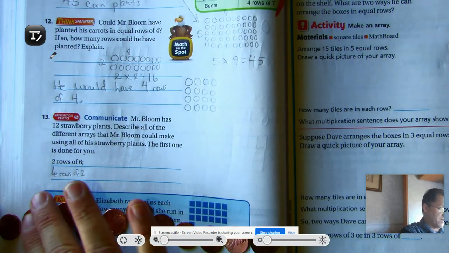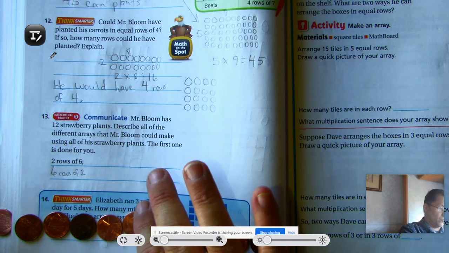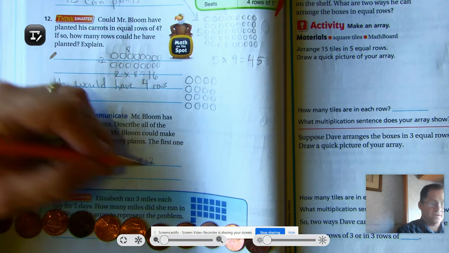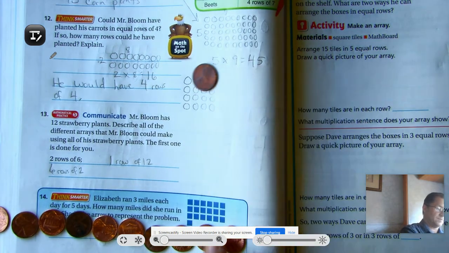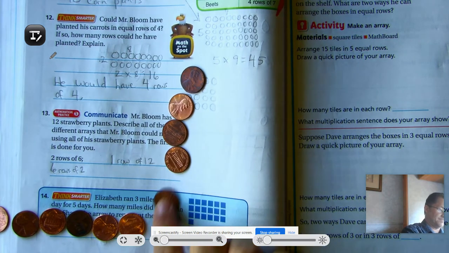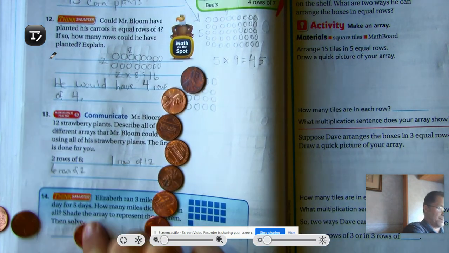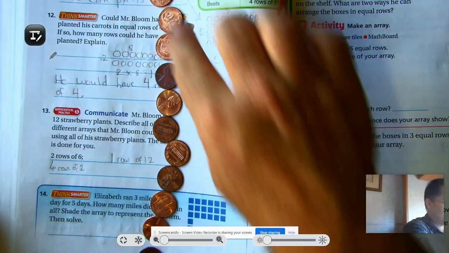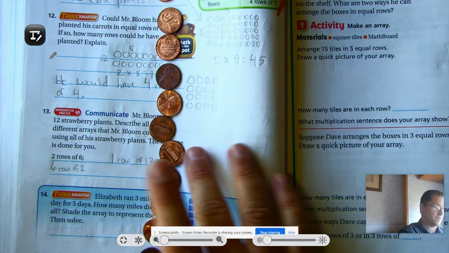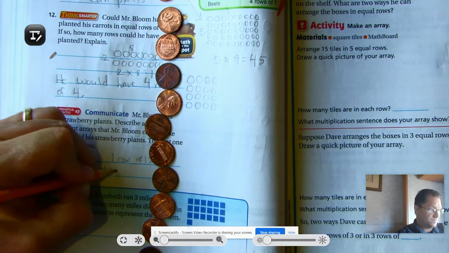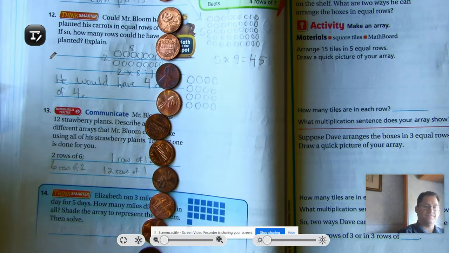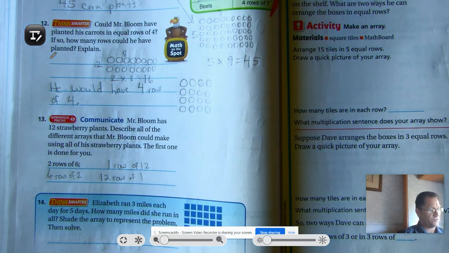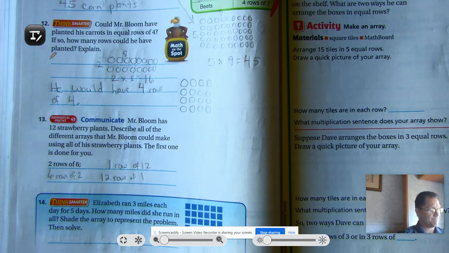I mean, it goes off my book and everything, but so 1 row of 12, or turn it and we could have 12 rows of 1. Okay. So 2 rows of 6, 6 rows of 2, 1 row of 12, 12 rows of 1.